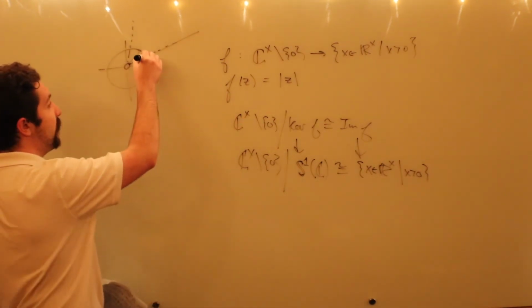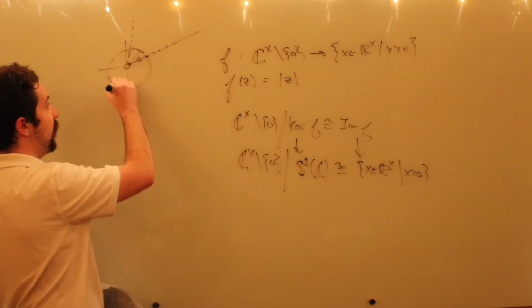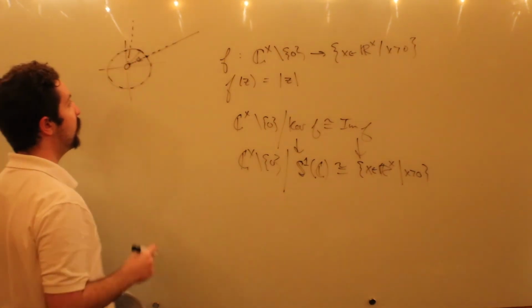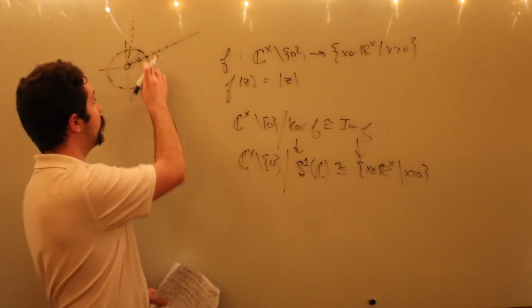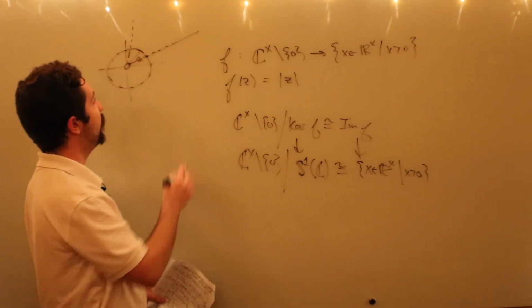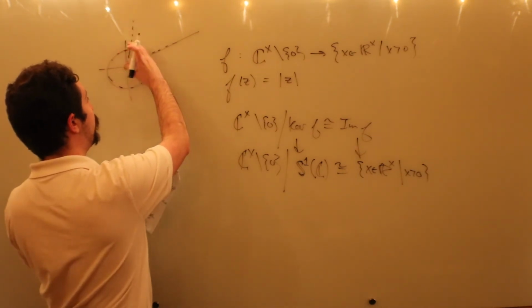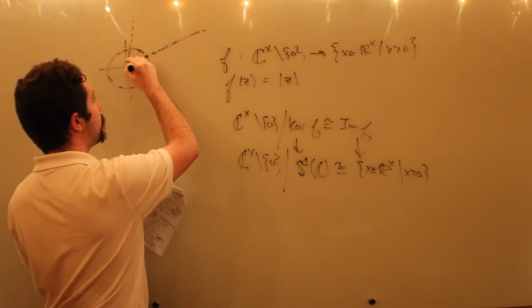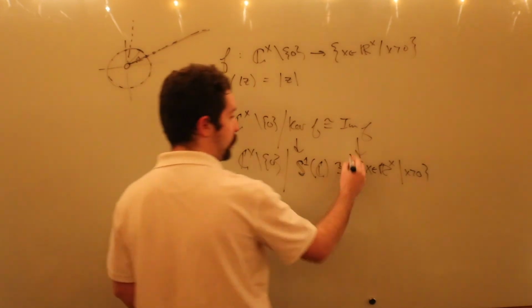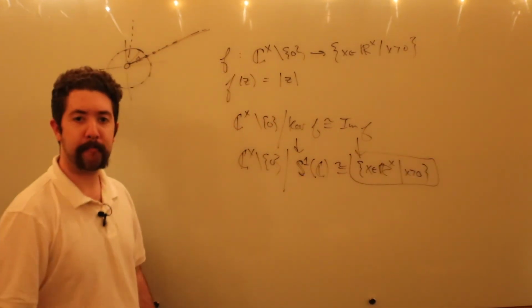In other words, if this point is identified with all points on the circle that has equal radius from the origin as that point, then what do you really have? All you have is a circle for every distance from the origin. In other words, you have this radial line, which is exactly that.